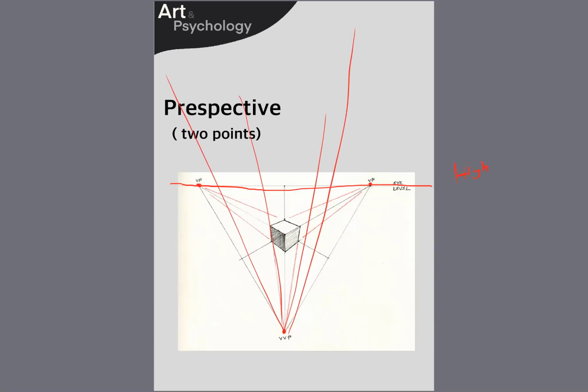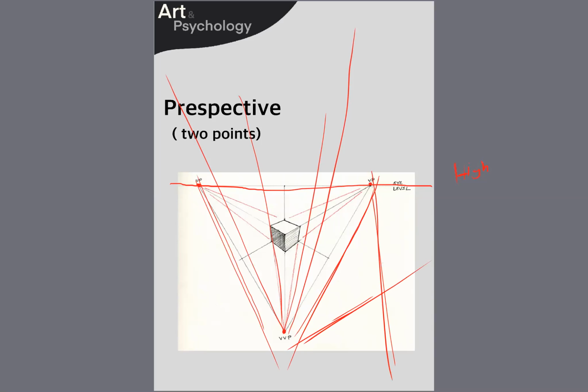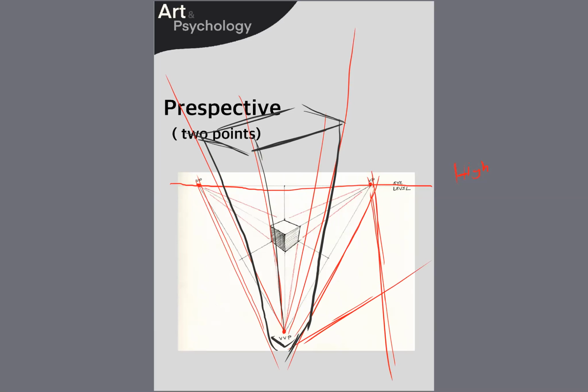So if I want to create a building, let's say for example, I'm having a street like this. You can actually create a building. Something like that. You can create a city.